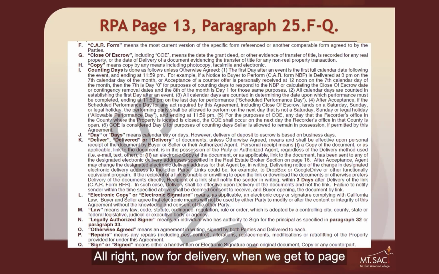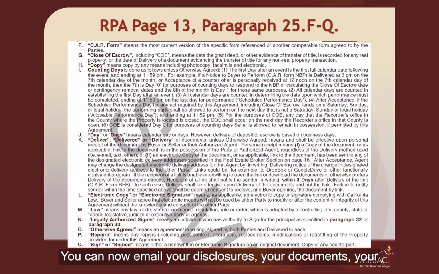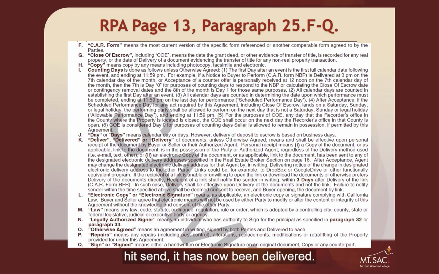Now for delivery. When we get to page 16, you're going to see a place for the agent and their alternate to put in their email address. You can now email your disclosures, your documents, your anything to that person. And as soon as you hit send, it has now been delivered.